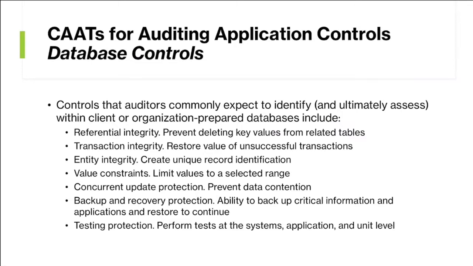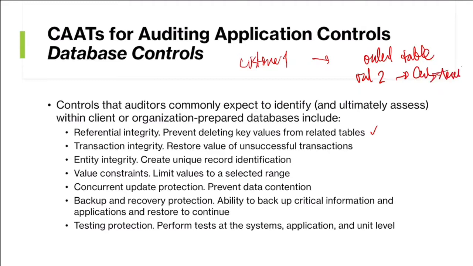Now, for databases, there are controls that auditors commonly expect to identify and ultimately assess within client or organization prepared databases. This includes, first, referential integrity. This prevents deleting key values from related tables. For example, in our customer table, we have customer 1, and in the order table, we have order ID 2, which has been made by customer 1.